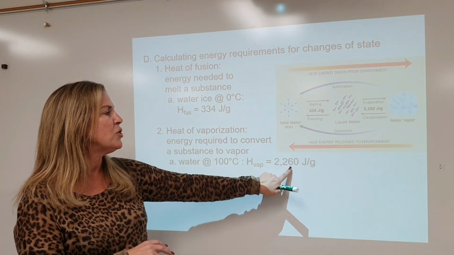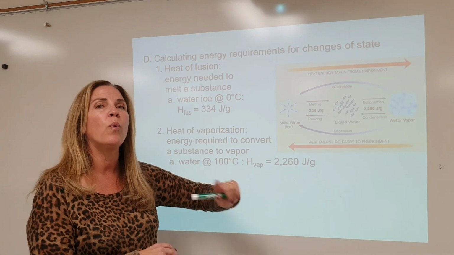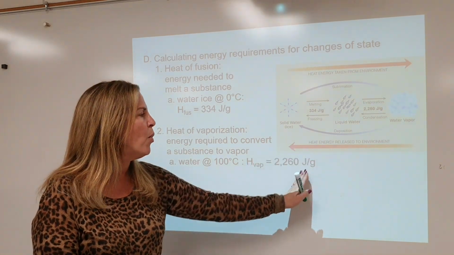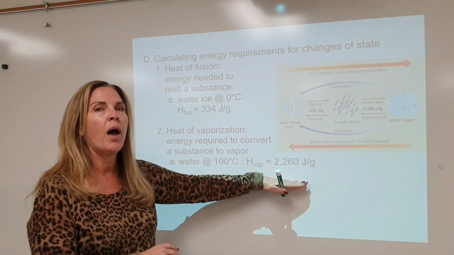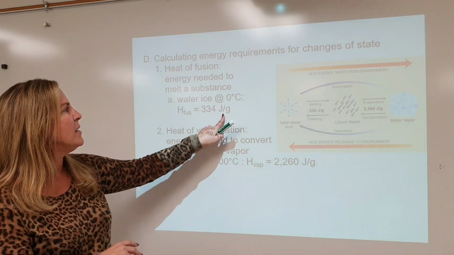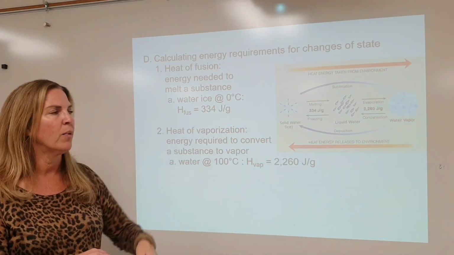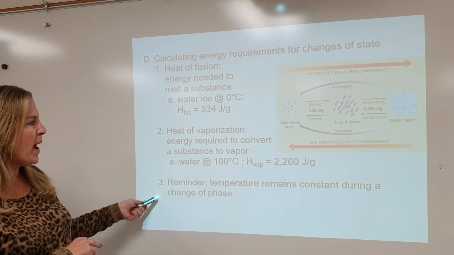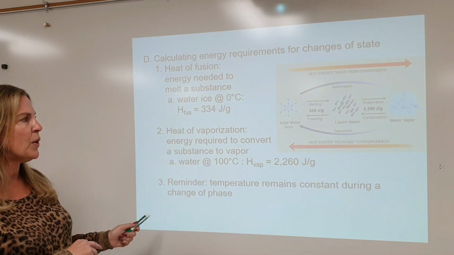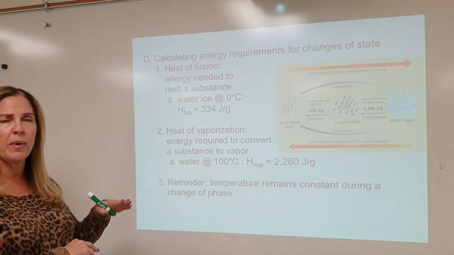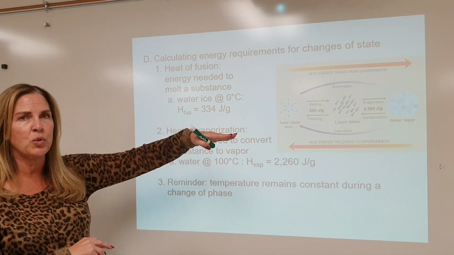It takes 2,260 joules for every 1 gram of water. So it takes more energy to boil water than it does to melt it. That's a fun question. Okay. Reminder, temperature remains constant during a phase change. So constant on our graph means that the line stays straight.